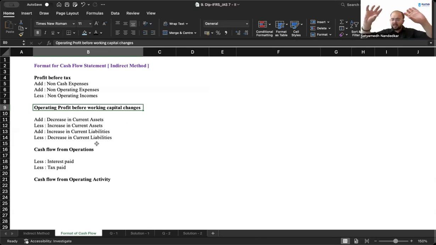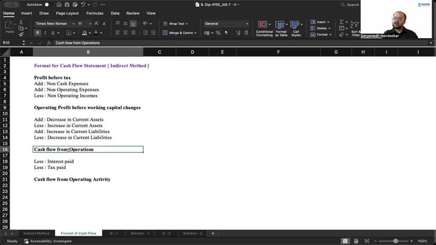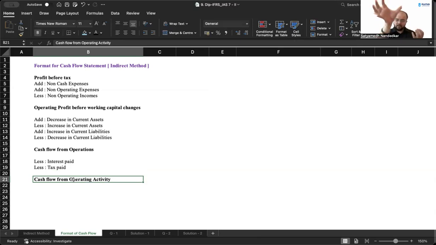If you change it to increase, naturally it will have to get subtracted, opposite. After doing this, the figure that you arrive at is cash flow from operations. From this, subtract the amount of interest paid, subtract the amount of tax paid, and you will get cash flow from operating activity. That is the starting point. So this is how you would calculate the cash flow from operating activity using the indirect method.